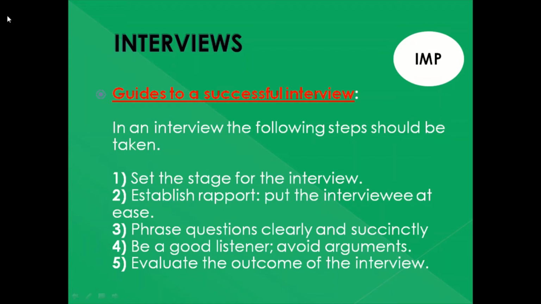Now, the most important part: guidelines for successful interviews. Number one, set the stage for the interview. That is, we have to arrange the stage in order to conduct the interview. Second, establish a rapport.